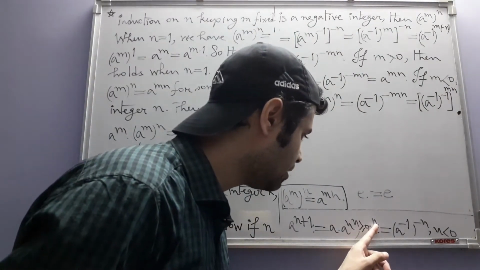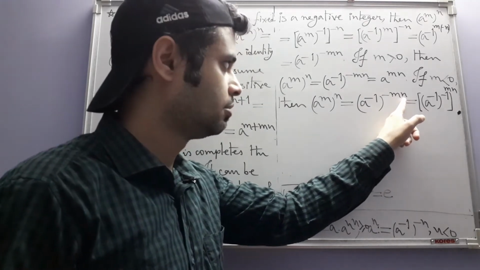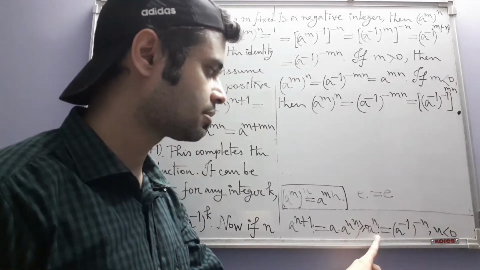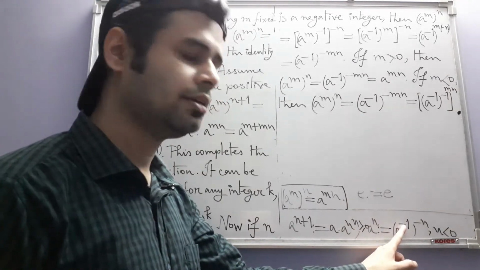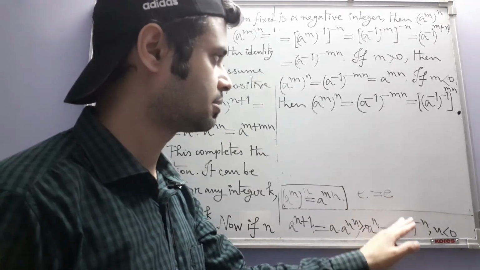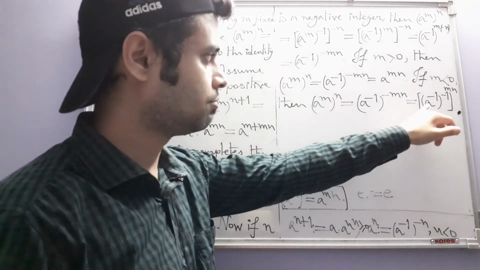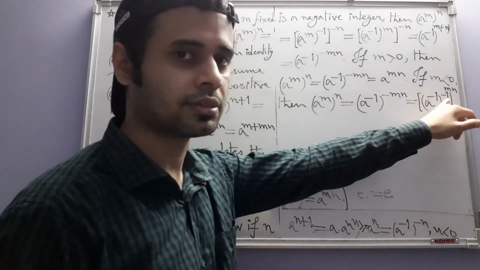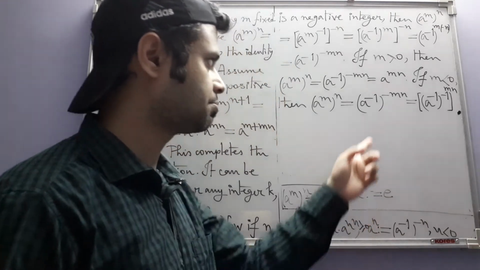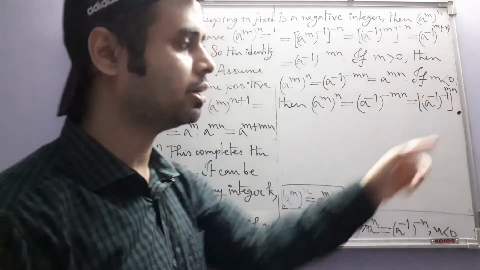In place of n, now we have minus mn, which is negative. So we have to put minus 1 on top of the base. Now our base itself is A inverse. So we have put A inverse to the power negative of the exponent. Our exponent is minus mn, negative of that is mn.